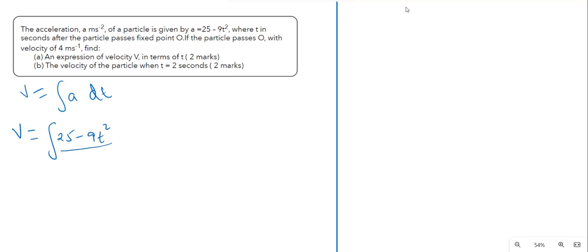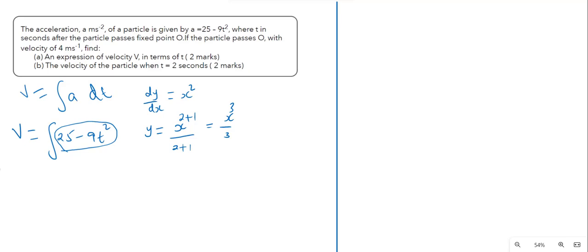We are supposed to integrate this expression, and generally if we have a gradient function dy/dx as x squared, then y will be the power of x increases by 1, and the overall new power is divided by the new power, and that gives us x cubed over 3.